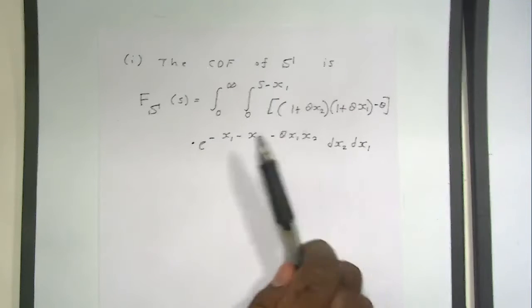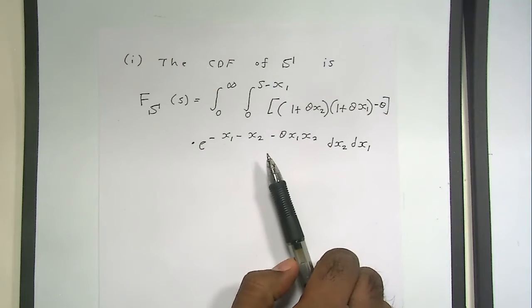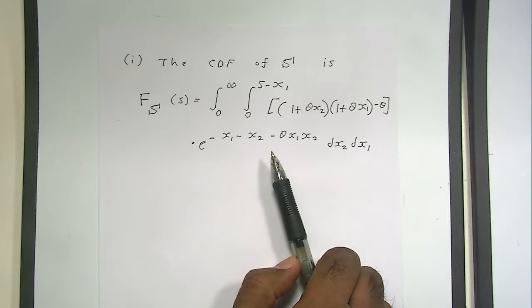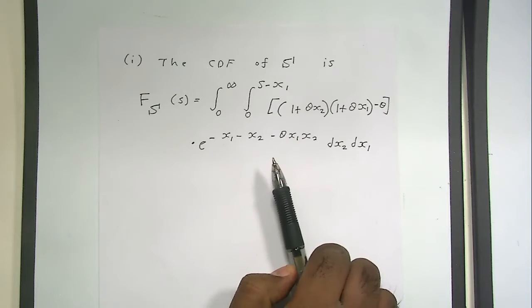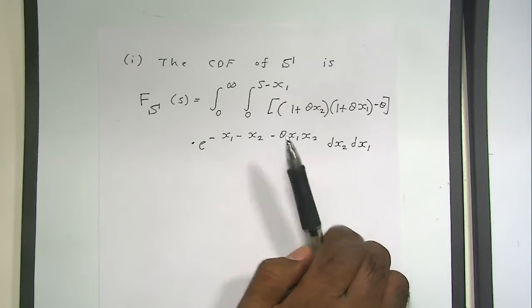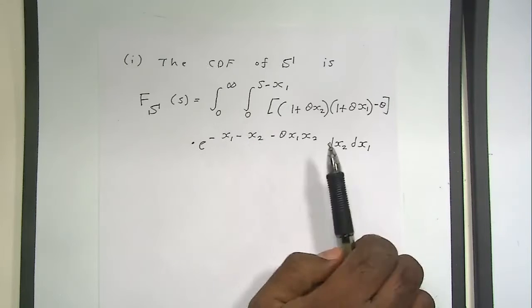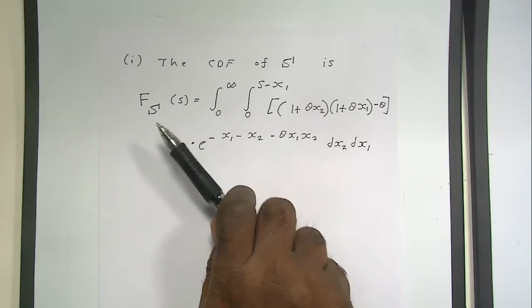Where does this come from? Yesterday we found the joint PDF of x1, x2 for this example. And what I have written here is the joint PDF of x1 and x2, right? So you're basically integrating the joint PDF over this region to find the CDF of S, right?